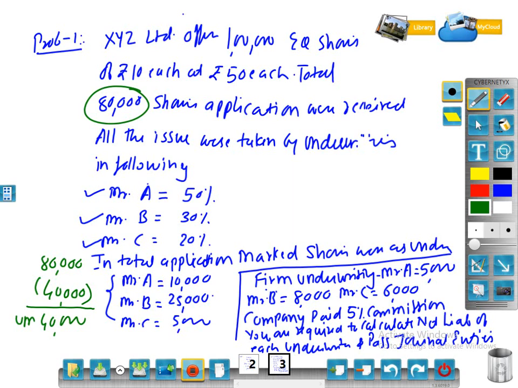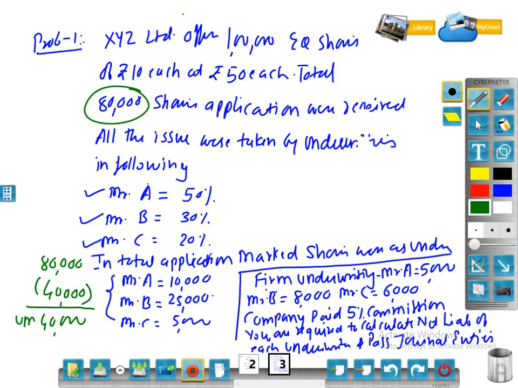So out of 40,000, 19,000 is confirmed, and the remaining balance is 21,000. How the 21,000 is divided among A, B, C, that we have to calculate.